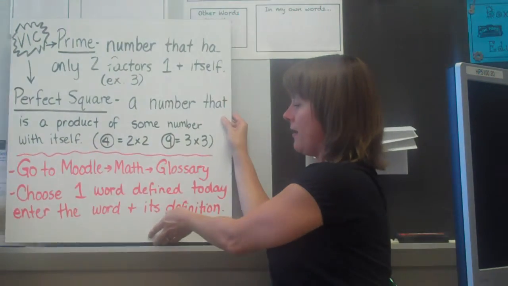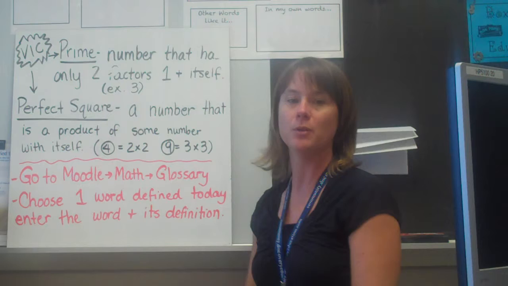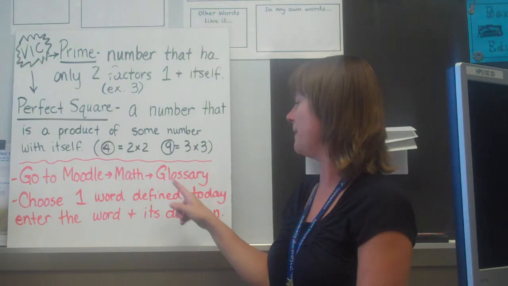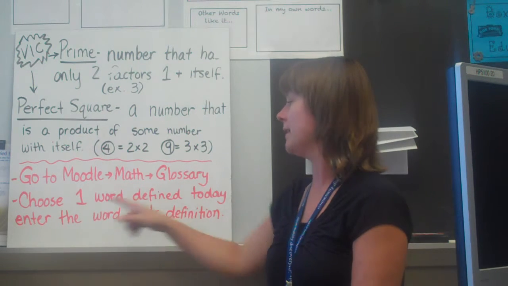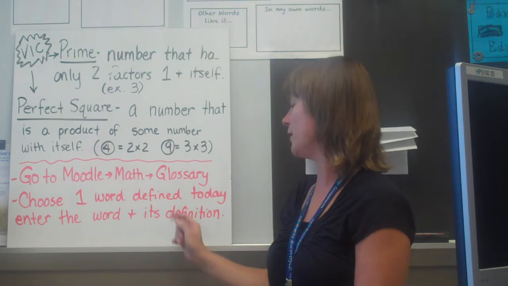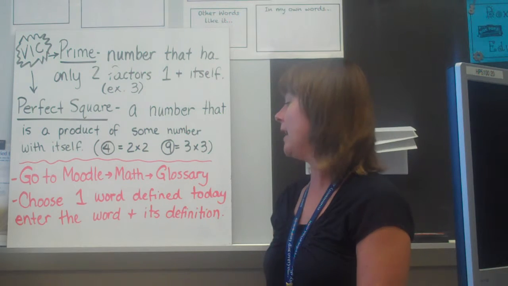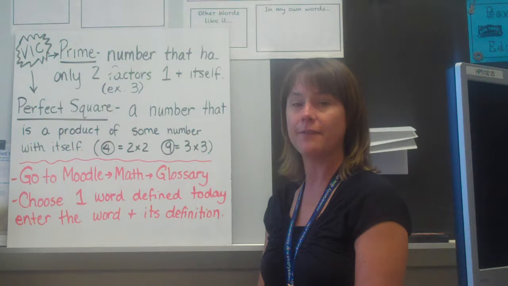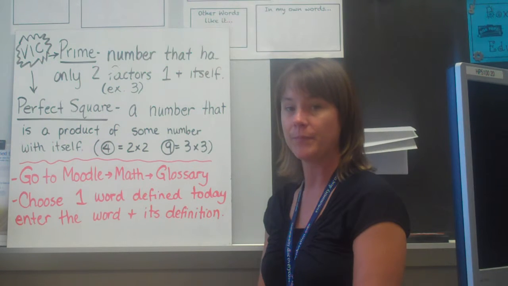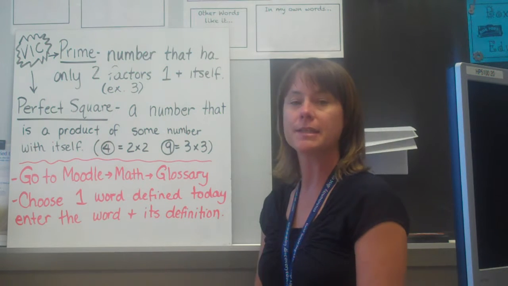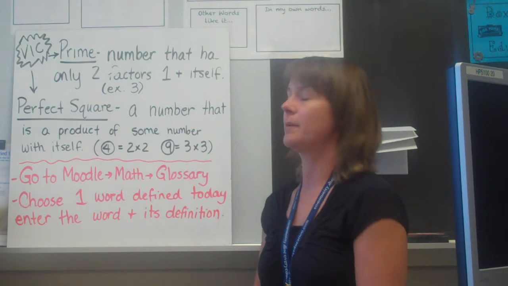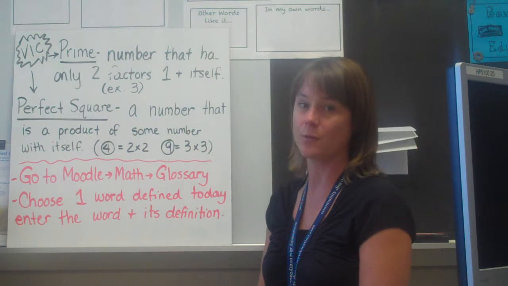We will go through these again in class, but I do, as part of this assignment, want you to go to Moodle. And on Moodle, go under Math and look at the glossary. You need to choose one word defined today and enter that word with its definition into the glossary. If you're unsure of any of the words, go through and check out what a perfect number is or a perfect square is.